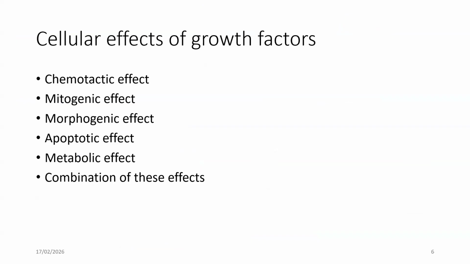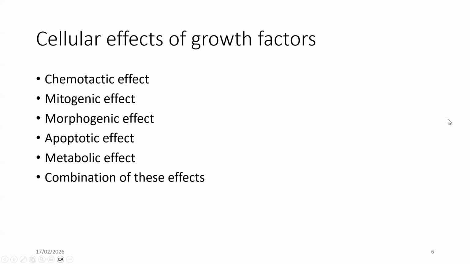Mitogenic effect: they can change the morphology of the cell or a cellular process. Apoptotic: they can cause cellular death. Metabolic effects: the cellular metabolism by mitochondria and other cellular organelles can be affected, or it can be a combination of these effects.